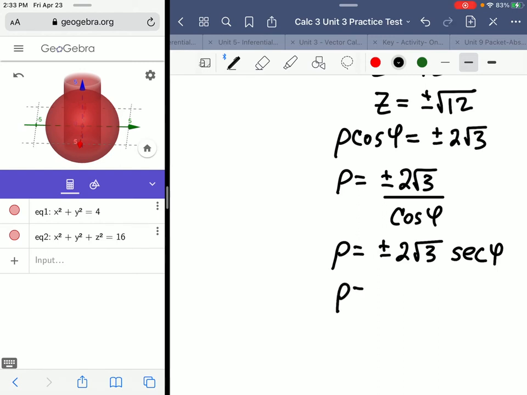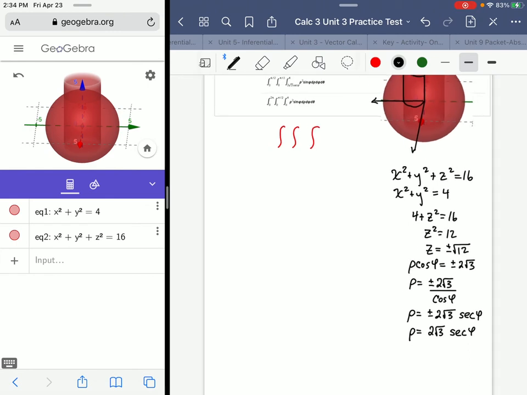So rho would be equal to 2 radical 3 secant of phi. It is dependent on what the phi value is, but once we have that, then we're in pretty good shape.